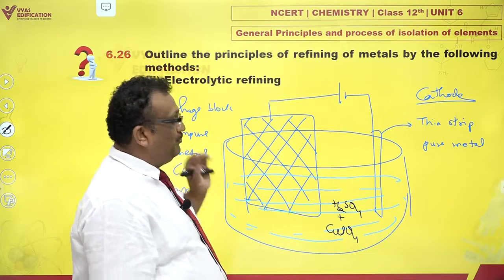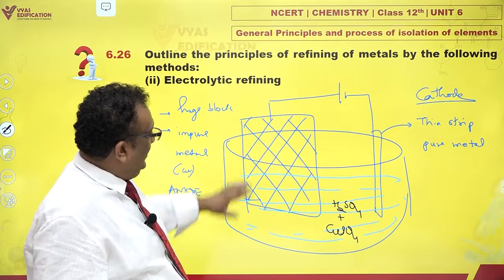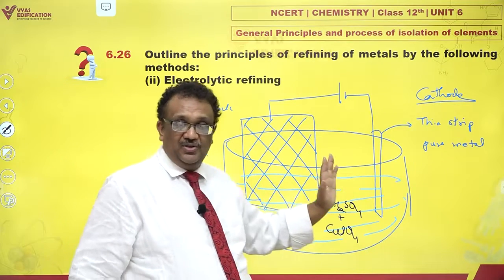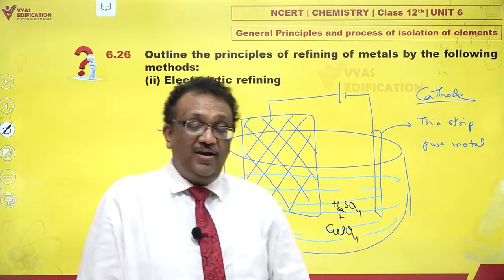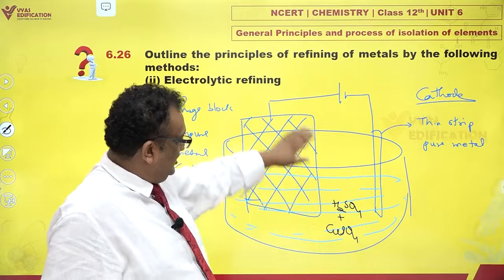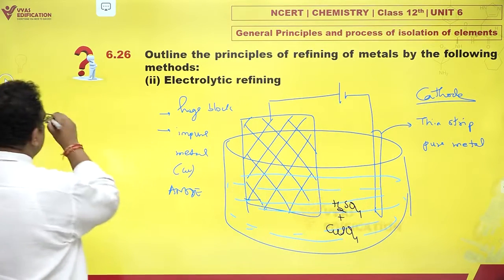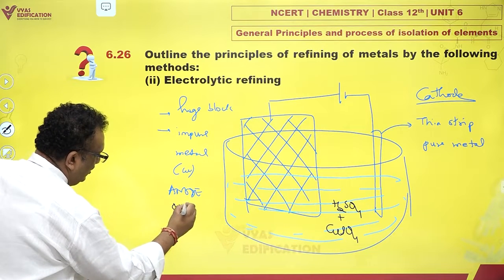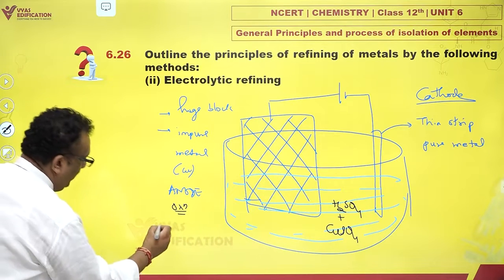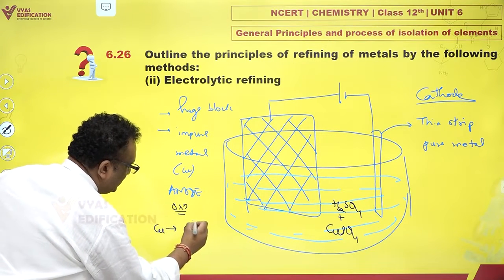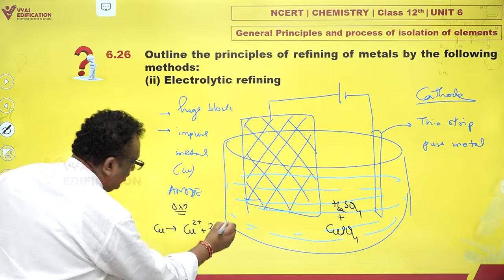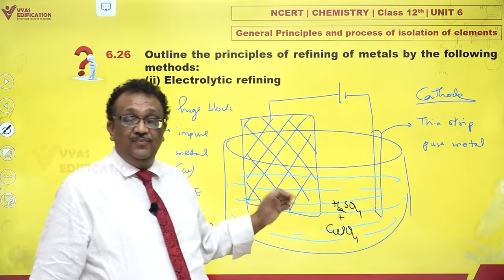Now, what is the principle? The principle is this. If current is passed through this setup, you find at anode oxidation occurs. And because copper is present in huge quantities, it is oxidized to copper ions.